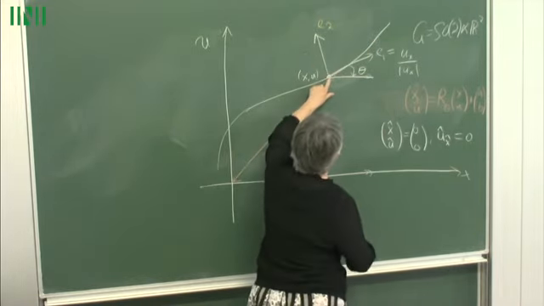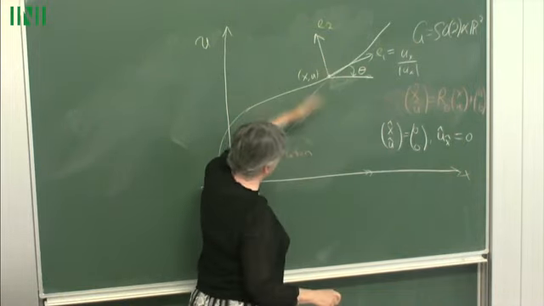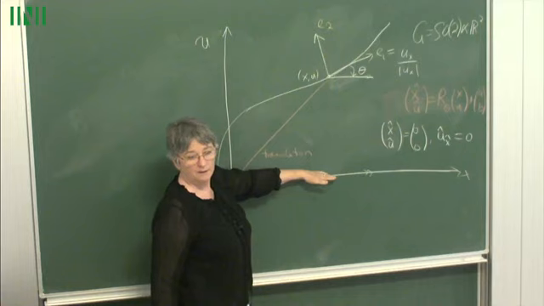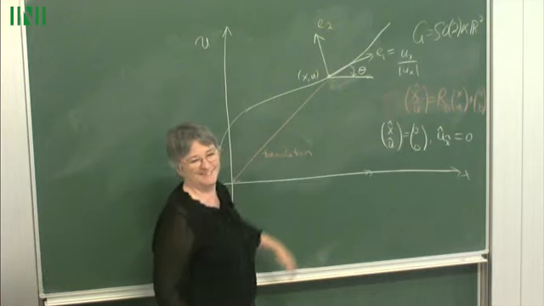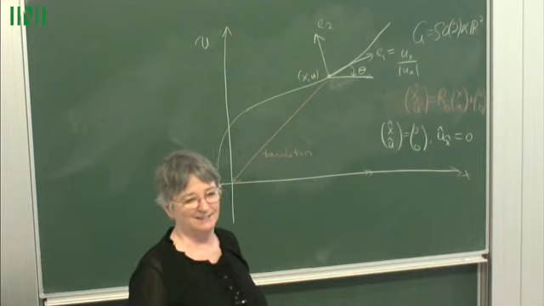I translate the curve at that point back to the origin, and then I rotate it so that the slope is 0. You can do it to any number you like. Does that answer your question? Yeah.